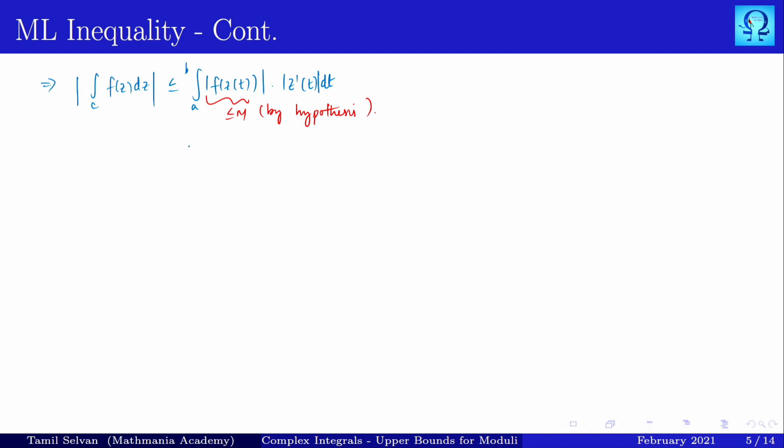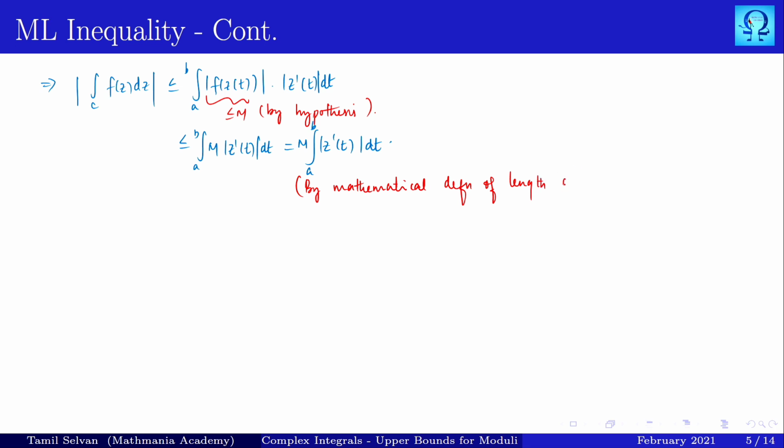So using that, this is smaller than or equals integral a to b M times absolute of z prime of t dt. Since M is a constant, we take it outside, so M multiplied with integral a to b absolute of z prime of t dt. Now we make use of the definition of length, that is the mathematical definition of length of a contour.